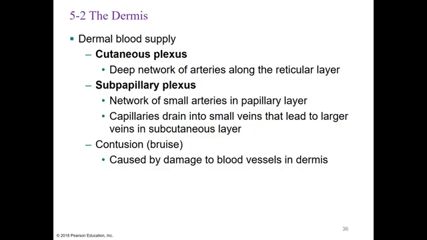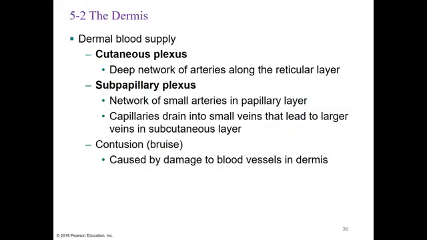Since the epithelial part of the skin, our epidermis, does not have blood vessels in it, it must receive all nutrients and oxygen by way of diffusion. The dermis has a very rich blood supply.